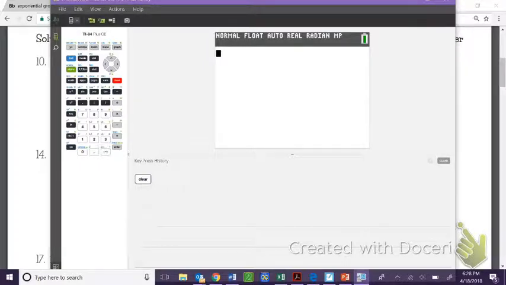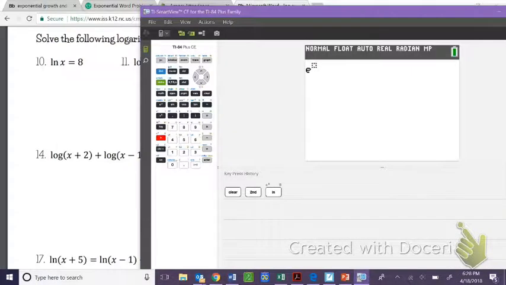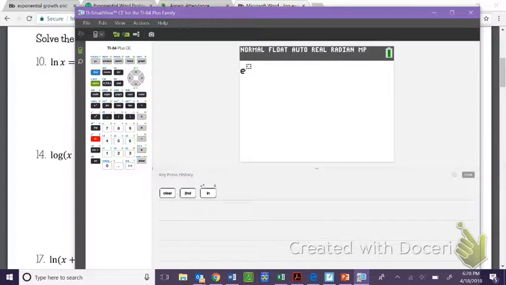I'm going to press second, LN, and that's going to give me e, and it's going to make you go up to its exponent, okay? Well, what did we say in number 10? We're looking at e to the 8th power. So we're going to put 8 there, and we're going to hit enter.